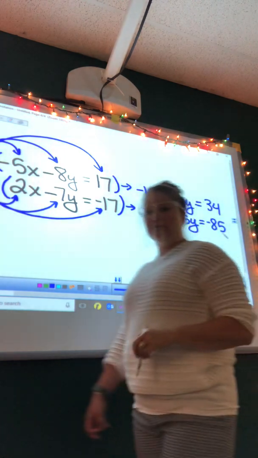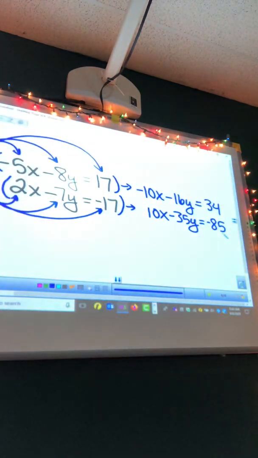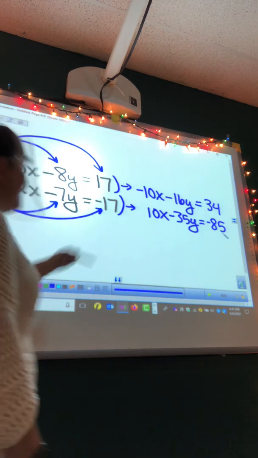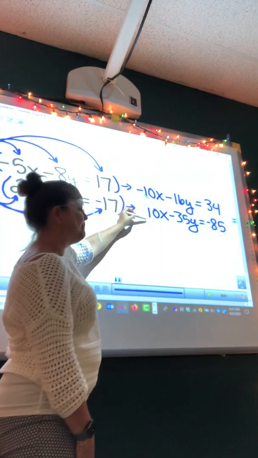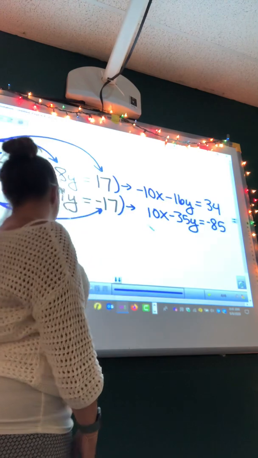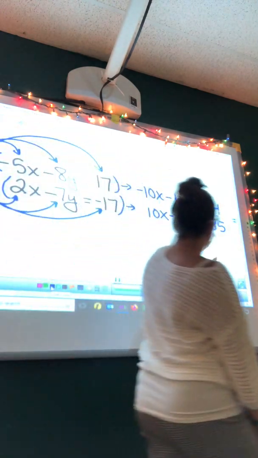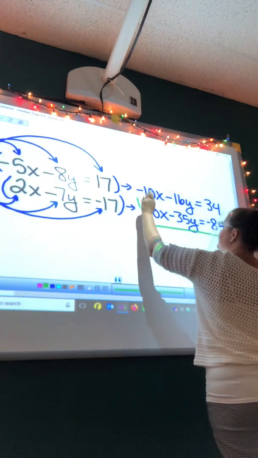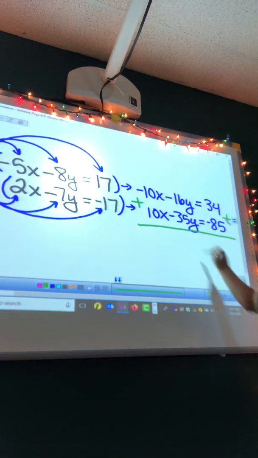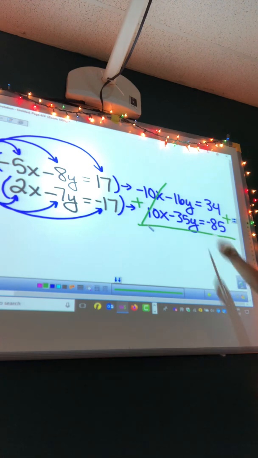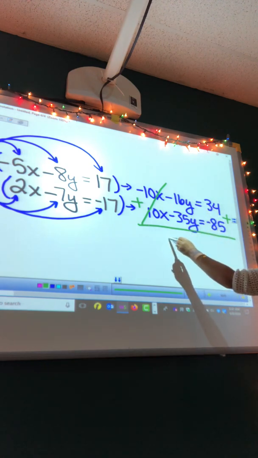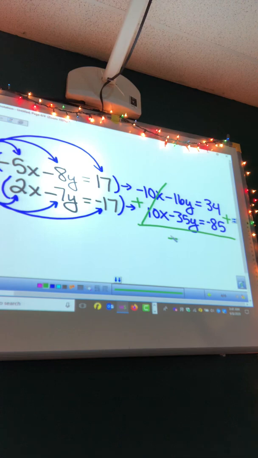All right. Are we ready to add them together so we can eliminate? You bet, because we have a negative 10x and a positive 10x, we're ready to add them together. All right, those eliminate, giving me 0x, which cancels them out, gets rid of them. Negative 51y equals negative 51, yeah?